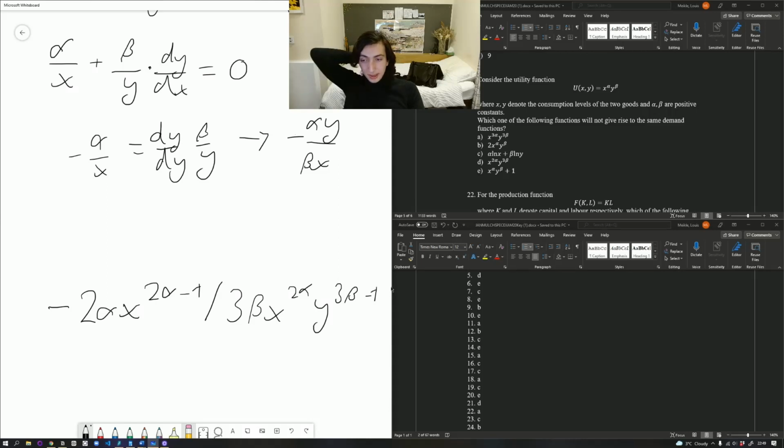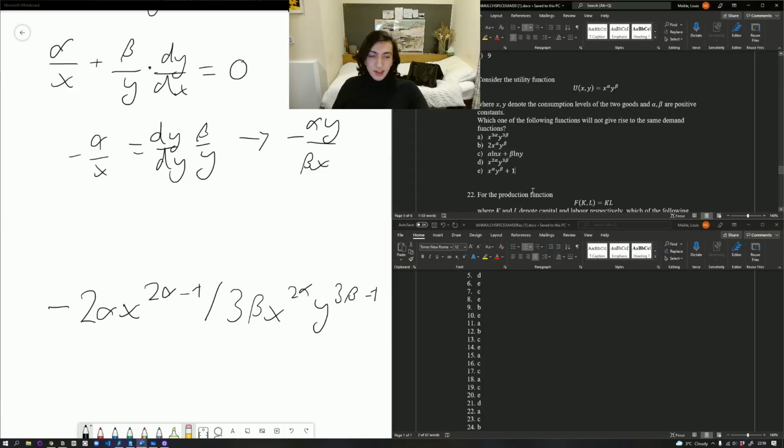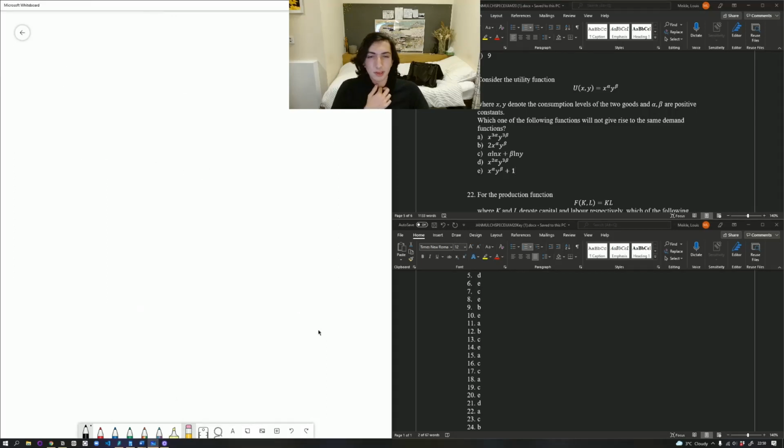Now the thing is, these numbers don't cancel, so it doesn't actually work here. It just can't do the same thing. I won't go through B because you can clearly see that it'll just factor out the constant there.